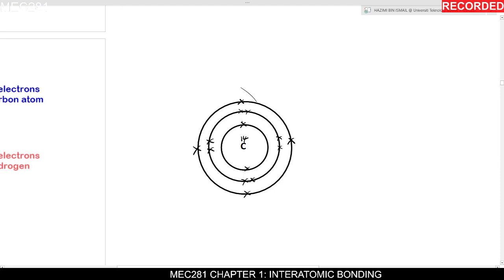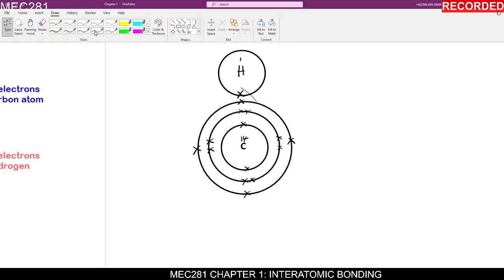So how do we get the stable form? We have to share. Let's say it combines with hydrogen. We know that hydrogen only has one electron. Put another color here.